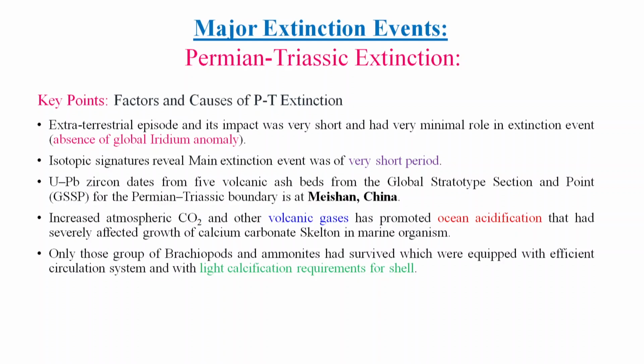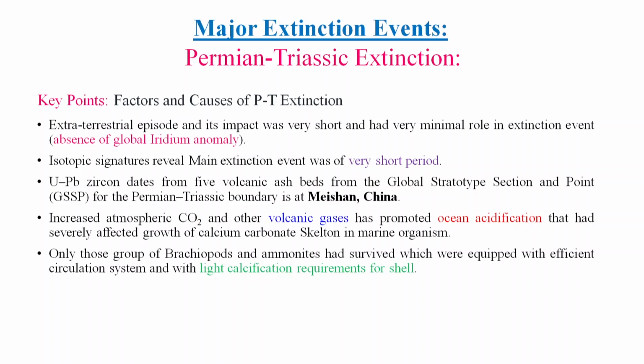So, it is believed that there was no large scale meteoritic impact at that point of time. Then isotopic signatures reveal the main extinction event was of very short period. So, this complete extinction of 95% or 96% of the existing biodiversity happened within a very short period. So, it was a very quick process of mass extinction.